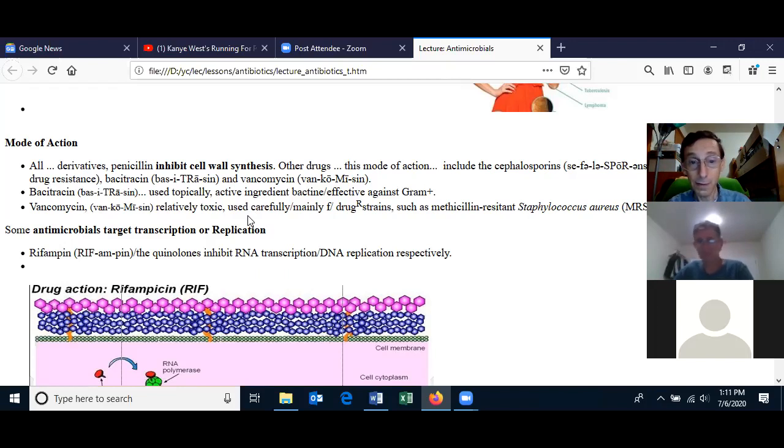It's mainly used as a backup antibiotic against a strain that is showing multi-drug resistance, like multi-drug resistant Staphylococcus aureus, MRSA. Vancomycin is the antibiotic of choice for MRSA. Okay, any questions about that?